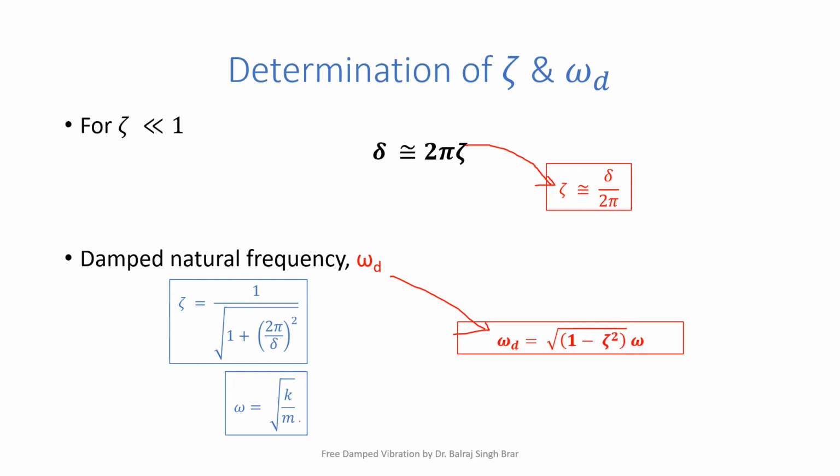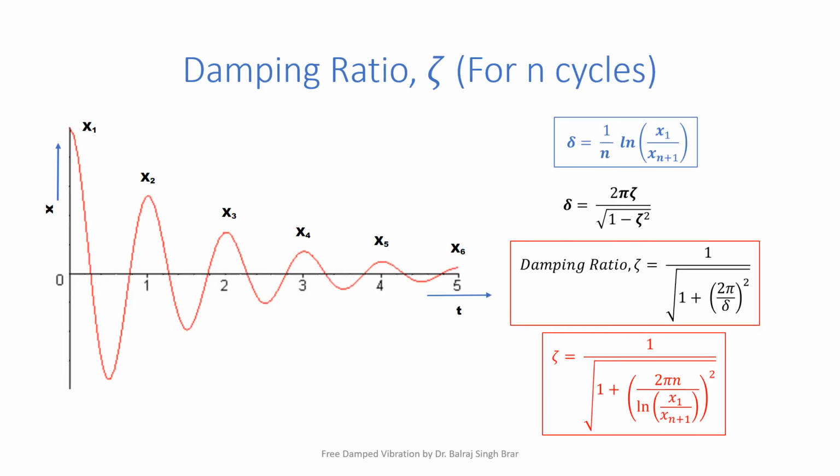Omega is natural frequency, which is found by taking under root of k by m, and zeta from the relation from previous derivation is put here, and we are able to determine omega d from an experiment in this way. Damping ratio zeta for n cycles.